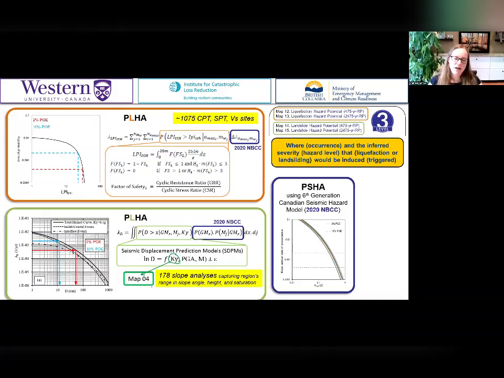tied through these conditional probability distributions, or the fact that we're accounting for what was the given intensity of shaking for that given magnitude of earthquake that comes out of the building code or out of the National Seismic Hazard Model. And then we calculate what liquefaction is in terms of the liquefaction potential index, and we calculate sliding displacements.